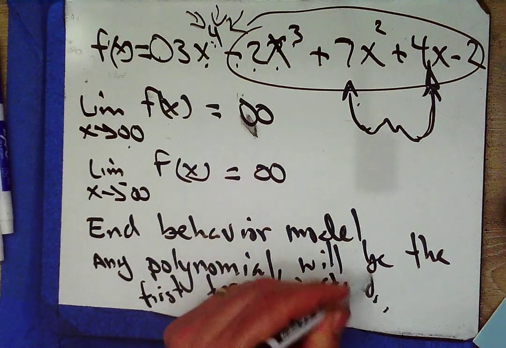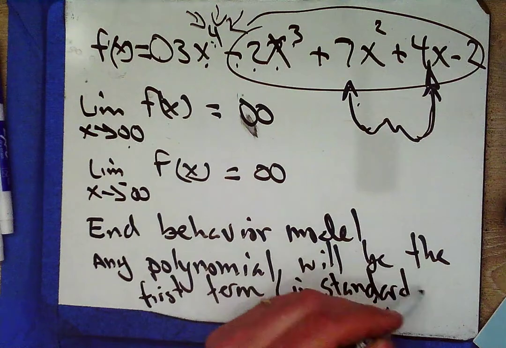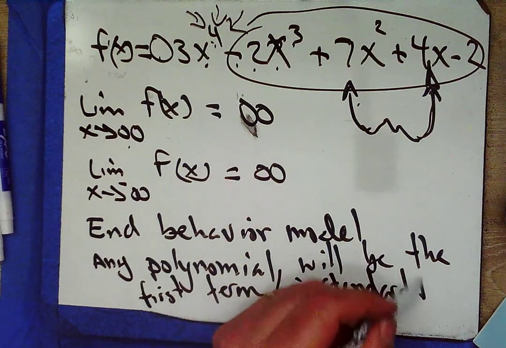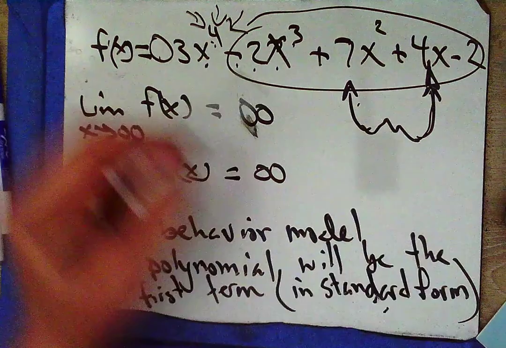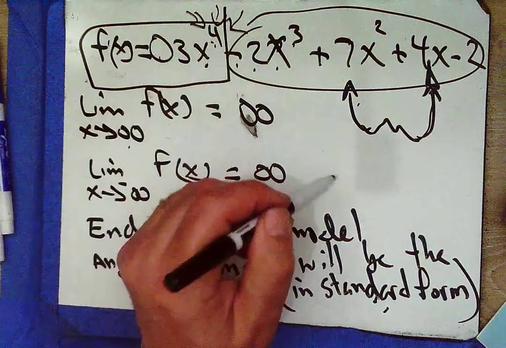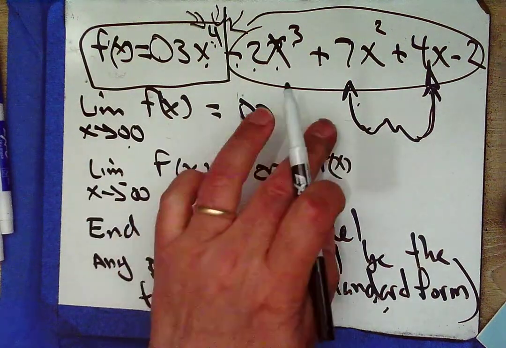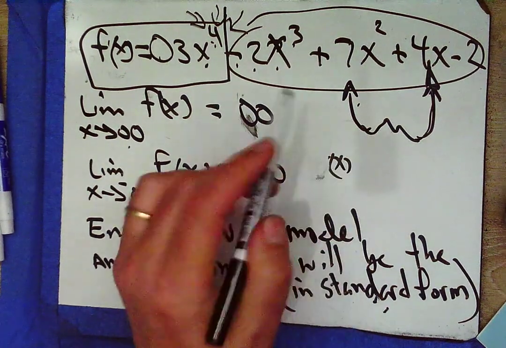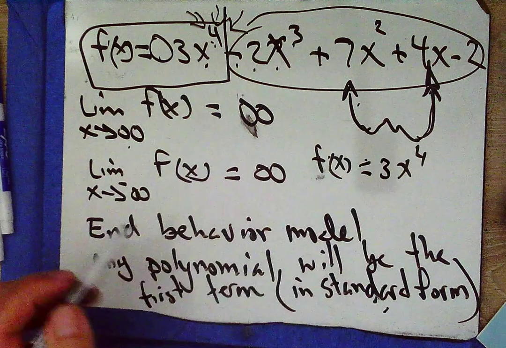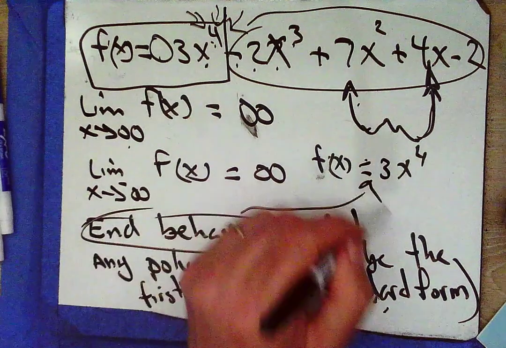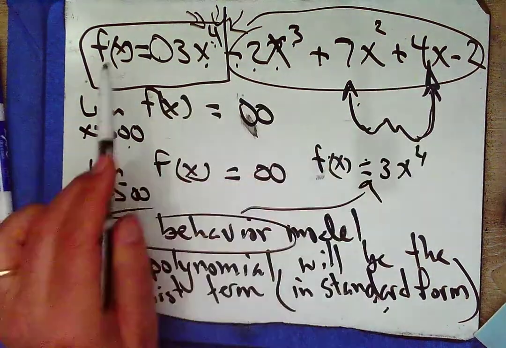And by standard form, I mean descending order. So that's my end behavior model: f of x equals 3x to the fourth is my end behavior model for this polynomial.